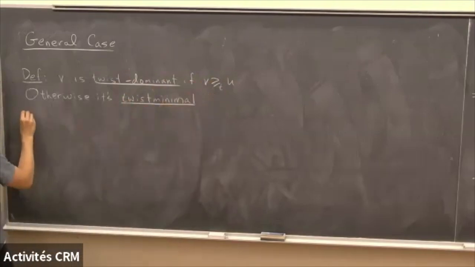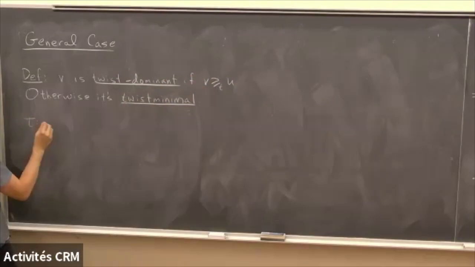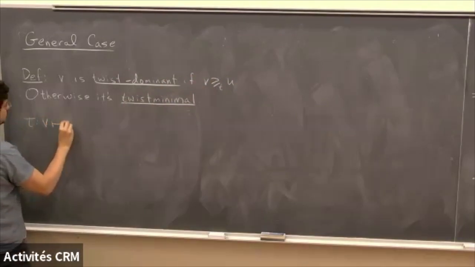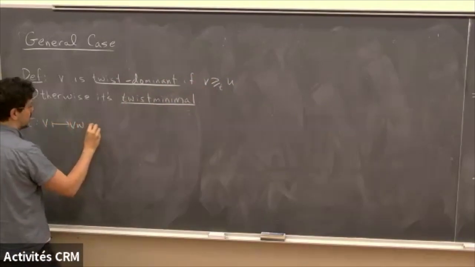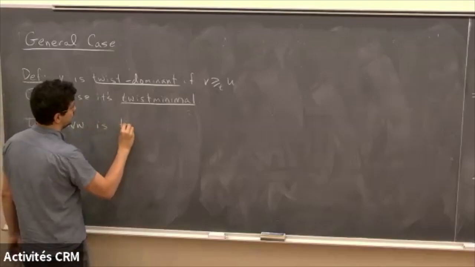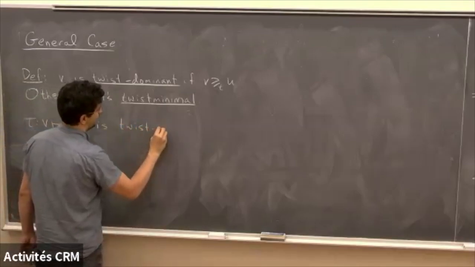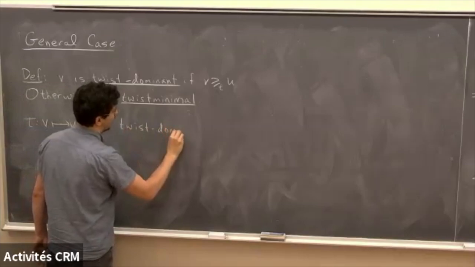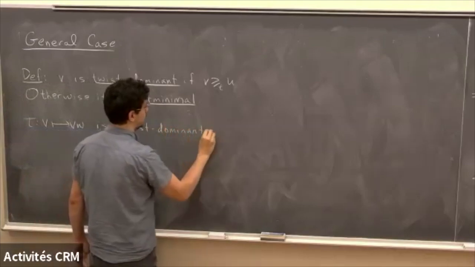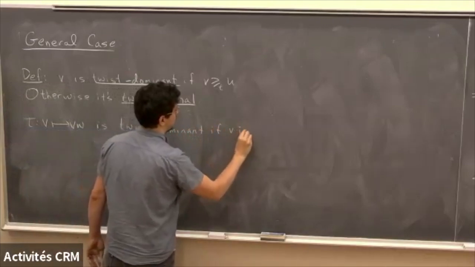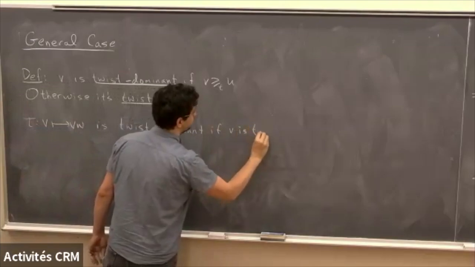And similarly, we define if you actually have a twist, V goes to VW, this will be twist dominant if the thing you're acting on, the V, is twist dominant.